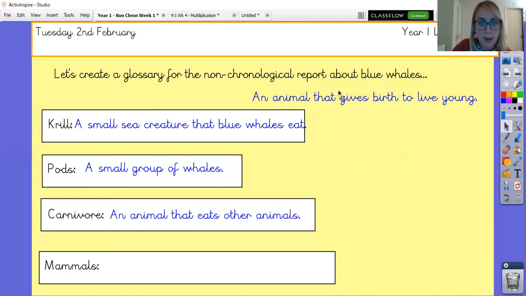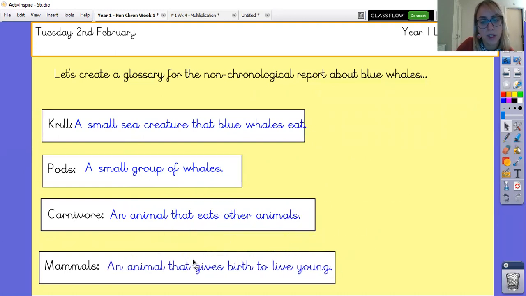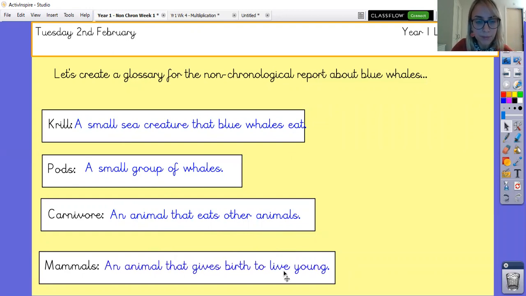Now, that must mean that my last one, mammal, is an animal that gives birth to live young. Okay, so a whale is a mammal because they give birth to live young, just like humans do, because humans are mammals as well. Okay, well done, year one. We have created our glossary. Okay, so we've used definitions here, meanings of the word. Well done.